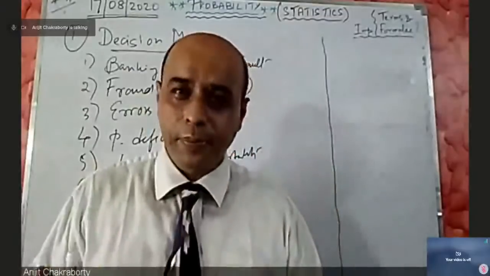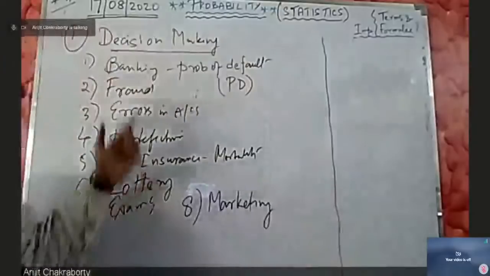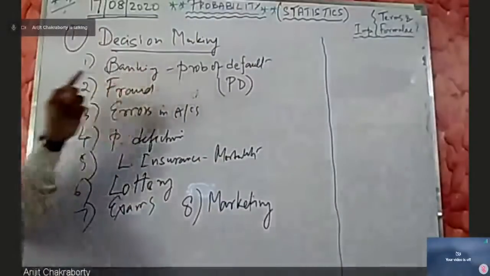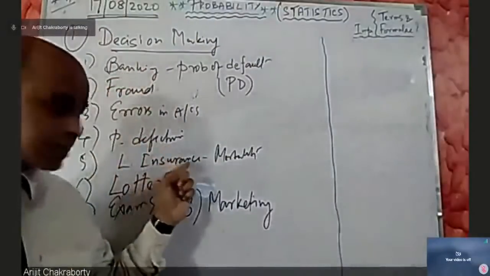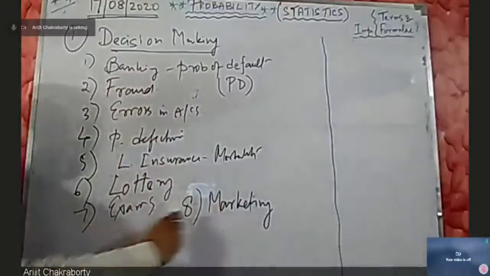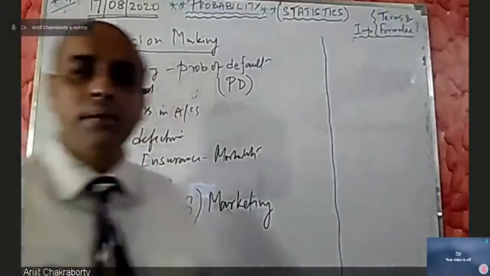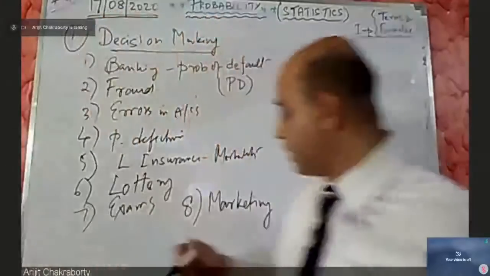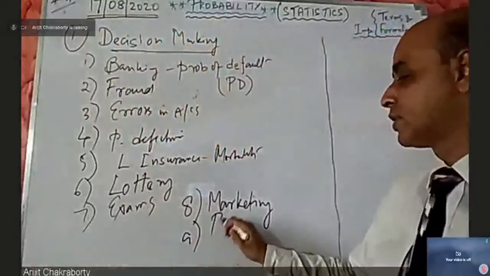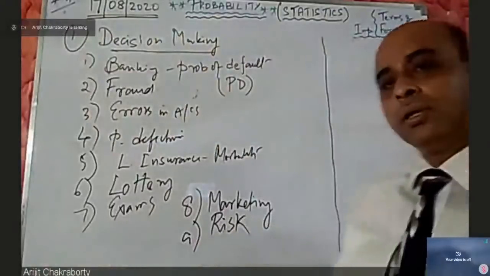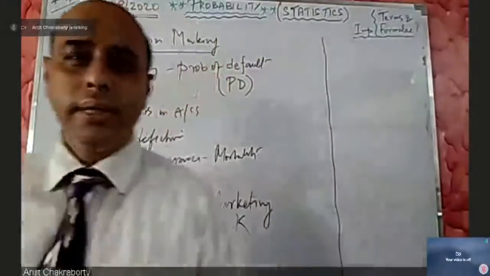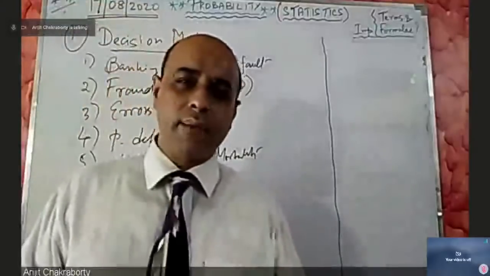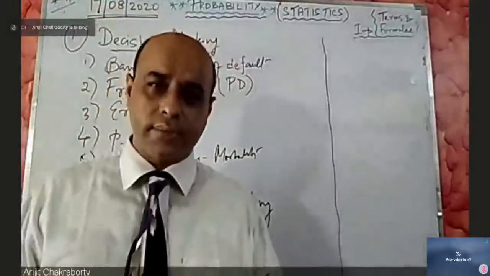Are you following? So you can see, right from banking, frauds, errors in accounts, defectives, life insurance, lottery, exams, marketing, and last but not the least, friends, in the area of risk management. Now, in a company, for example, you hear about accidents.